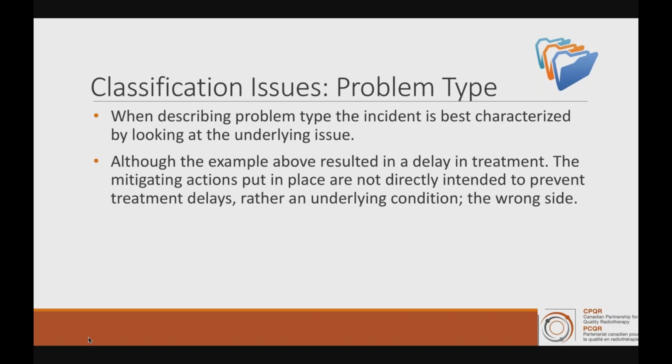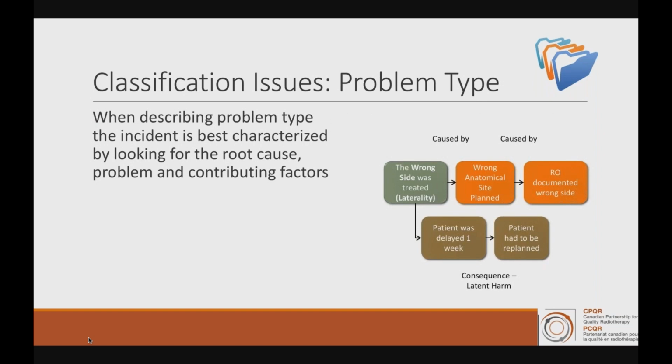Even though it resulted in a delay in treatment, you're not going to try to fix the delay in treatment in this case. What you want to focus on is why you are accidentally focusing on the wrong side of the patient. What can we do to mitigate that wrong side problem type? That is why the problem type is best characterized as the wrong side.